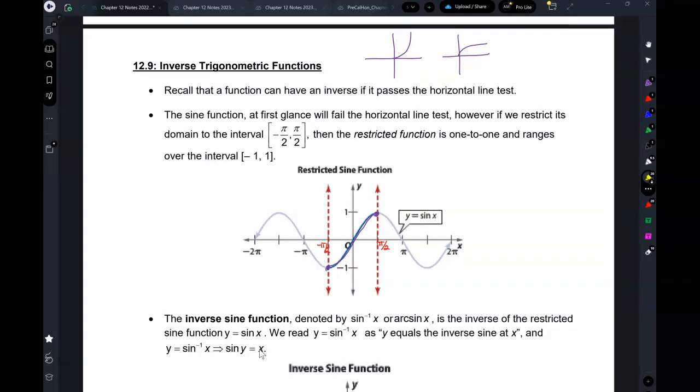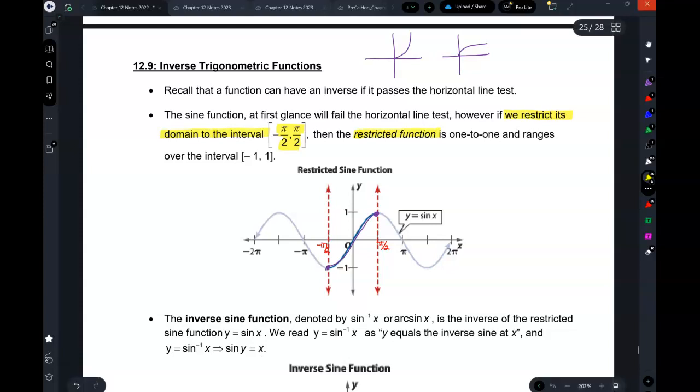So what did we do then? We restricted the domain to the interval negative pi over 2 to pi over 2. And then the restricted function will have a range from negative 1 to 1.